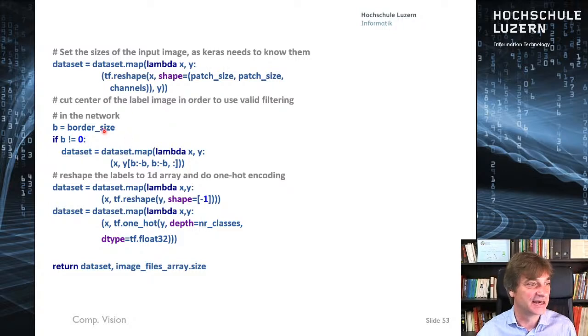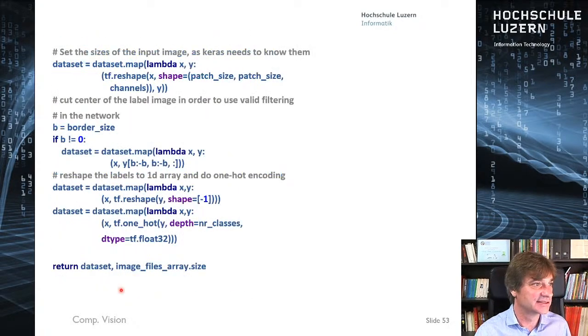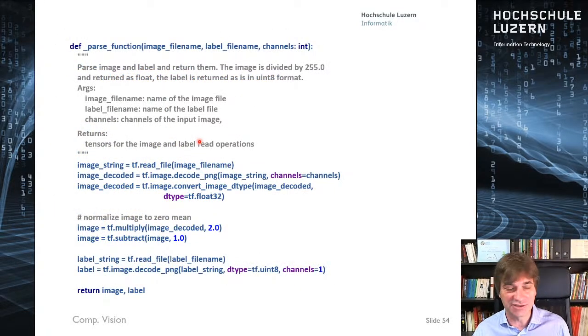If you have a network that calculates some border size, then from the label dataset I cut out the border here. And at the end I do the one-hot encoding for the label classes. Here we see the parse function. What does the parse function do?